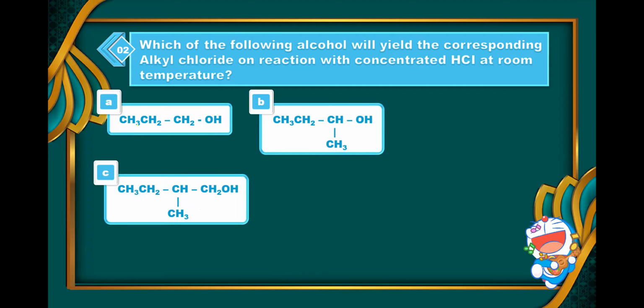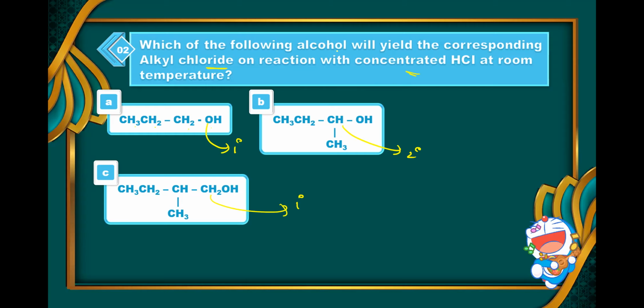Take this alcohol CH3CH2CH2OH. This is a primary alcohol, this is a secondary alcohol, and this is a primary alcohol. So what happens when you are treating the alcohol with concentrated HCl? Which one reacts faster?